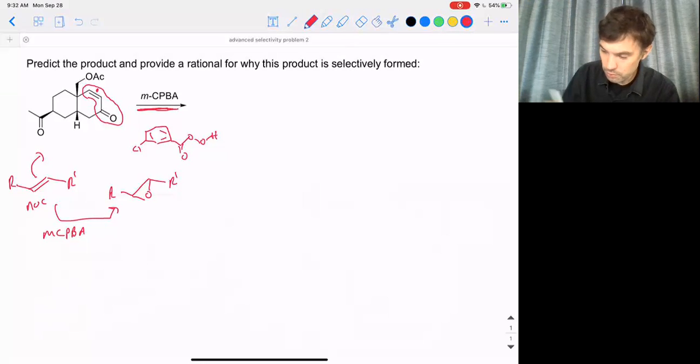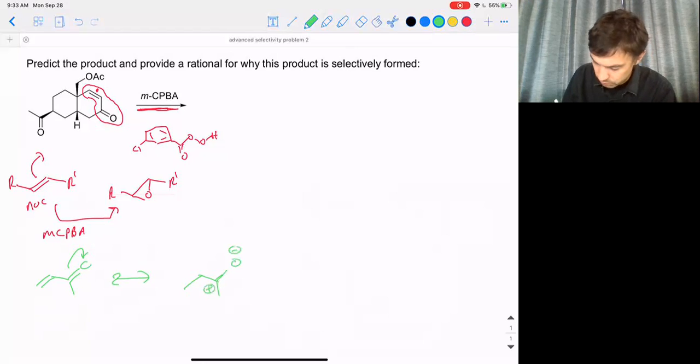And so if I go to a new color here, I can help illustrate that. So we have our alpha beta unsaturated ketone, and we can imagine a resonance structure. And we can have another resonance structure.